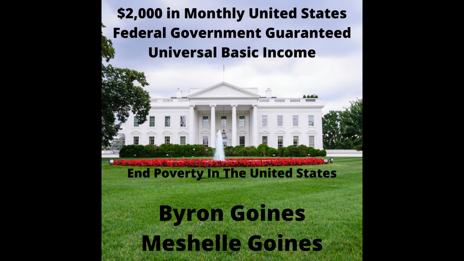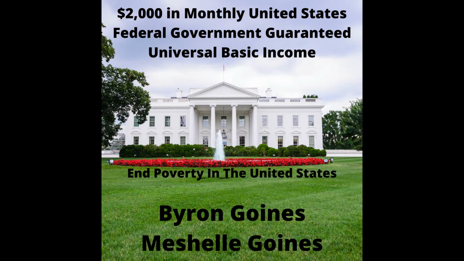Now, since the Federal Reserve can create money out of thin air and place it in the system as a credit to the primary securities dealer's account at the Federal Reserve Bank, then the Federal Reserve can create money out of thin air and place it in the system as a $2,000 monthly credit for every United States citizen 18 years of age or older.